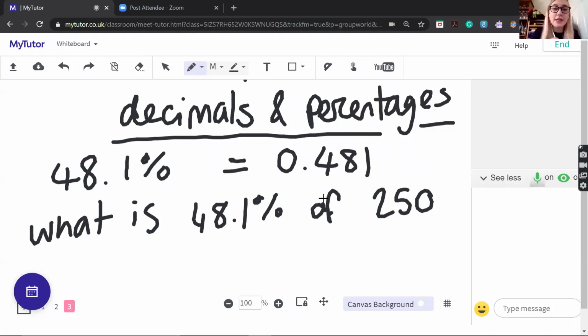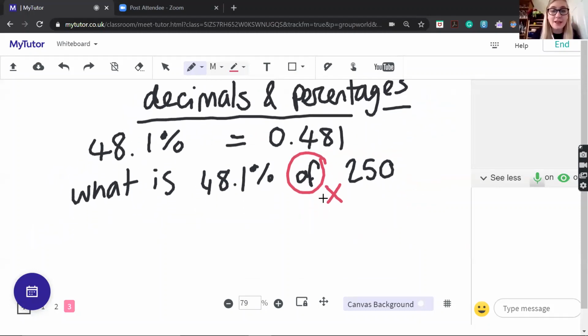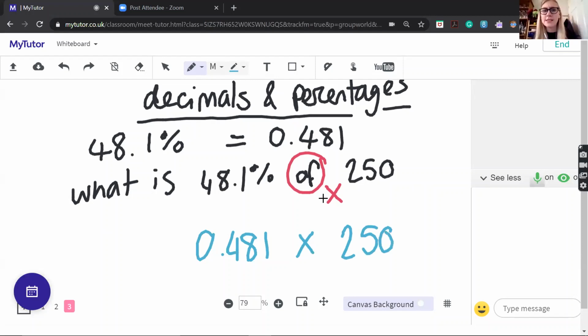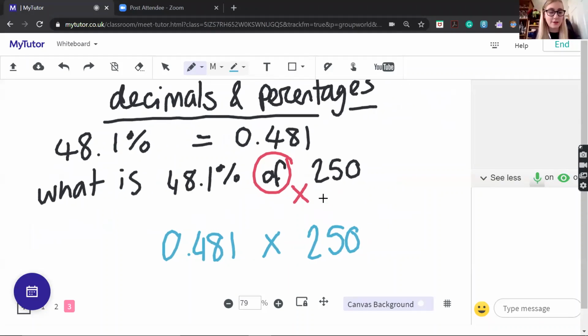A much nicer thing is that the word of always means times. So this is really helpful. So we can convert that percentage into a decimal, like we just did. So we know that's 0.481, just hopping that decimal point down 2 places left. And then of means times 250. And then suddenly, instead of a horrible percentages question, you've actually got a really easy multiplication for your calculator. So then you can work this out.